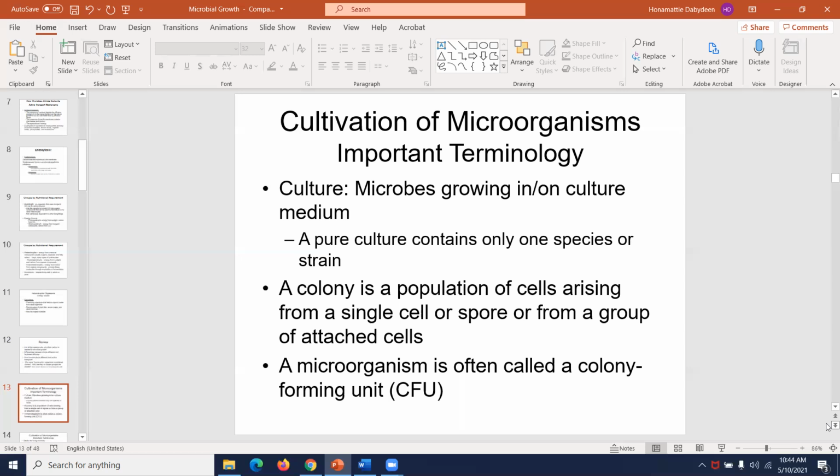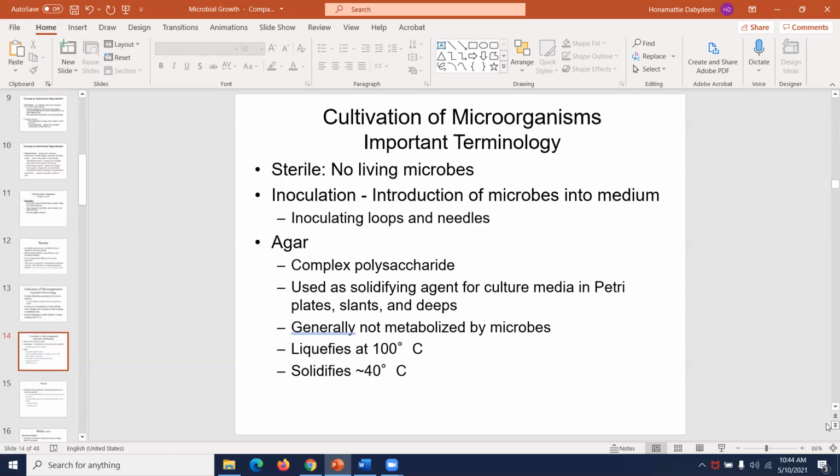So in an isolated, single colony, all the organisms are identical. And the importance of a colony will come in later on. Now, the microorganism itself that formed that clump is what we refer to as a colony forming unit. It's that one organism that formed the colony in the first place.